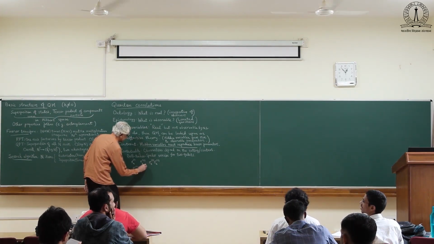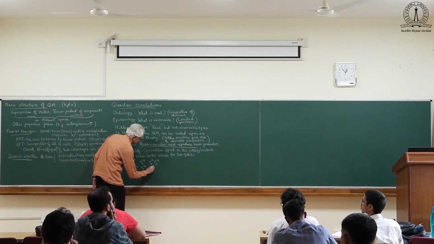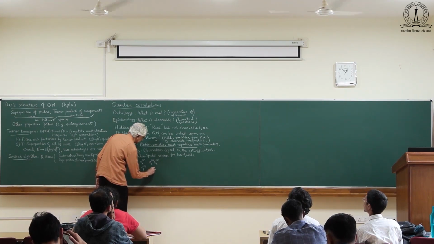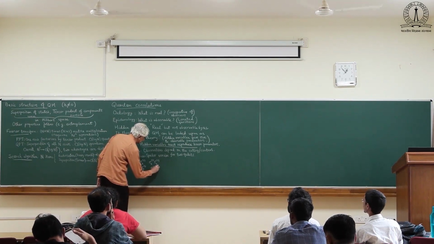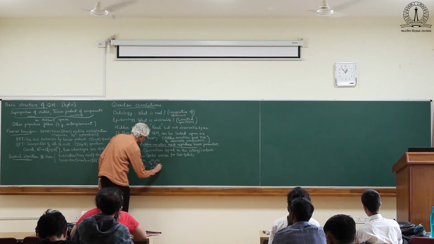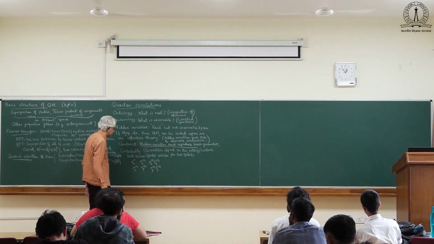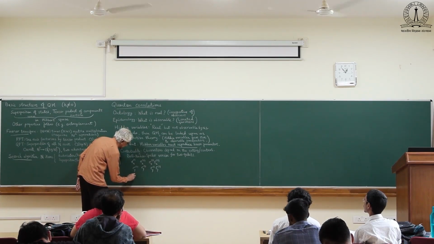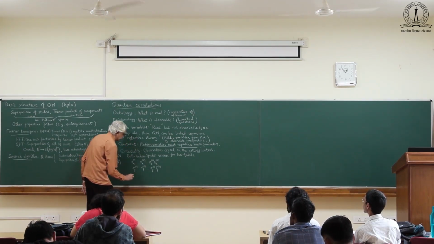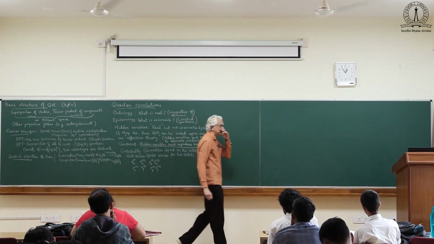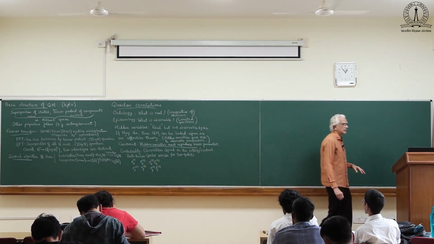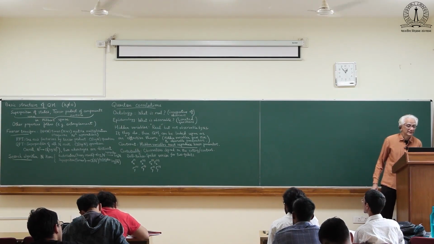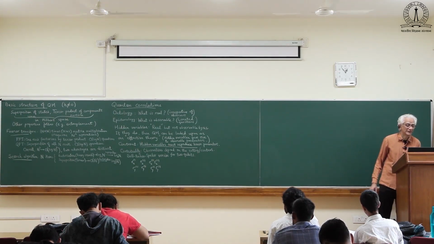Then I write another combination which goes like this, and then there is a third one which I can construct, which looks more or less like its product, but there is a little bit of non-triviality.